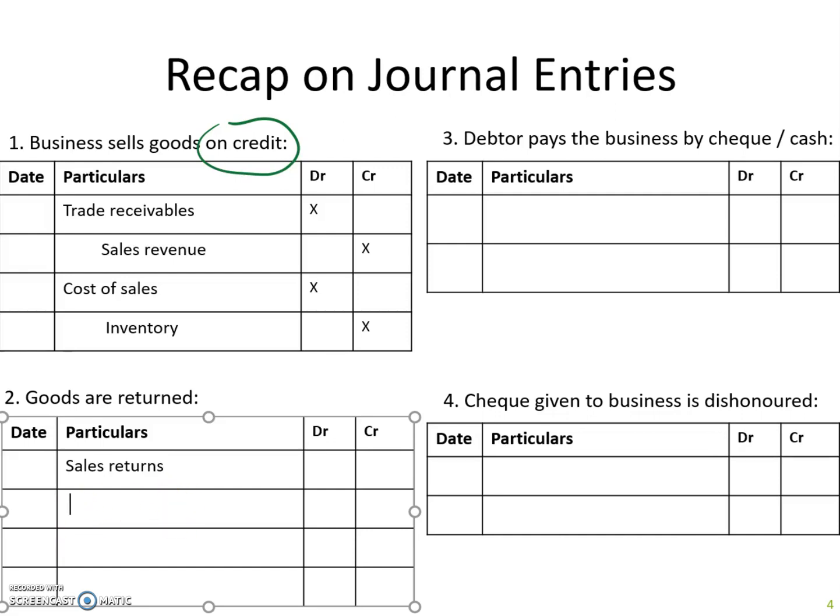Okay, and now, the customer owes lesser to the business, so I credit trade receivable. Okay, and I reverse out the original entry, so I debit inventory because the goods are now returned to the business, so my inventory goes up. Okay, credit cost of sales.